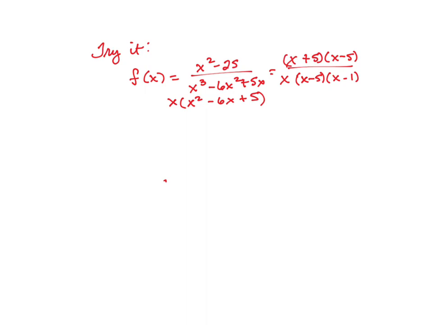Okay? Any questions there? So we're going to have a hole if we have any cancel buddies, any common factors, at x minus 5. So hole at x equals 5. There's going to be a vertical asymptote at any remaining zeros in the denominator: x equals 1 and x equals 0.